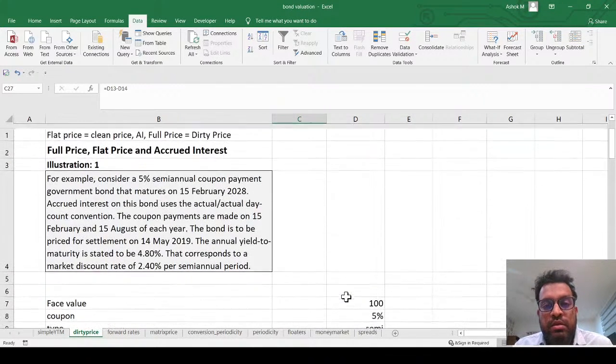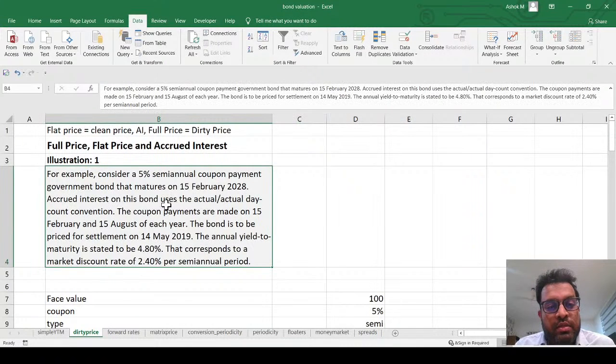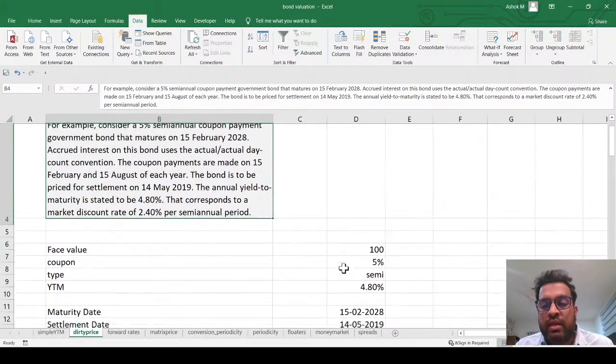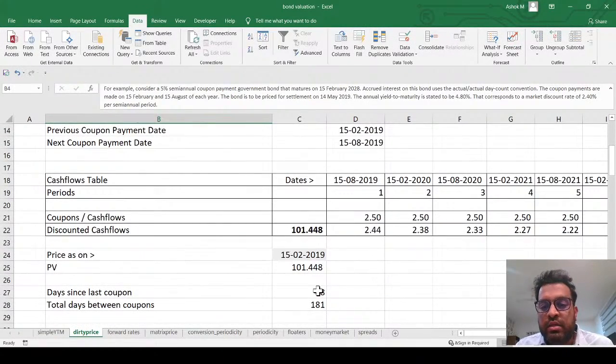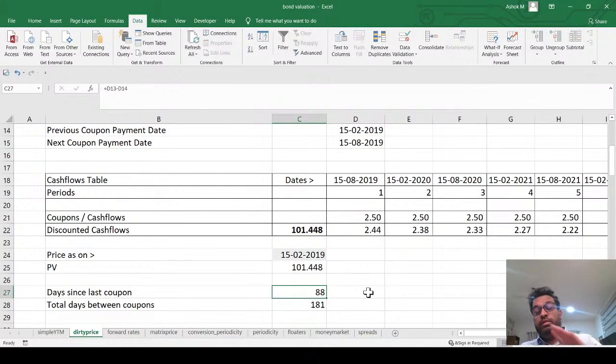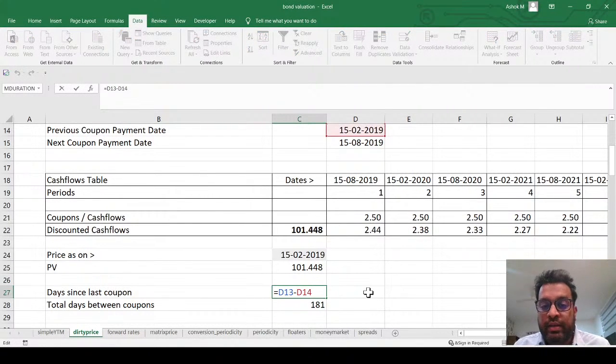Read the question carefully. It says accrued interest on this bond uses actual by actual day convention. If it says actual by actual day convention, the numerator is actual, and the denominator is actual. If the numerator is actual, what you've done is perfectly all right.